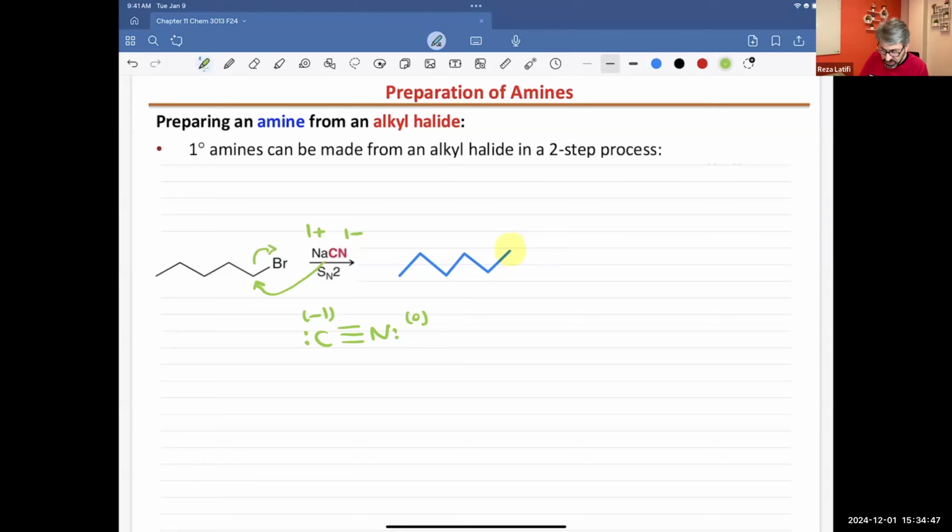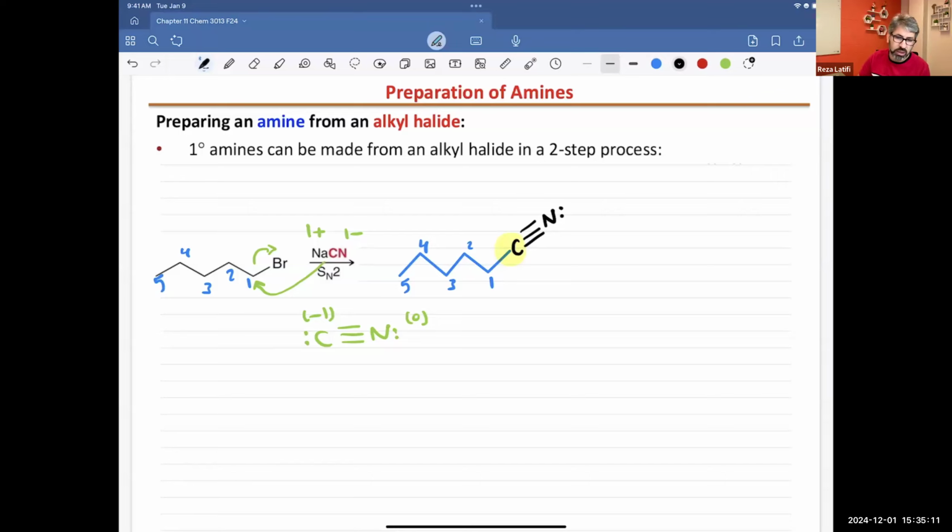So what do we get in this case? Remember, right now we have 5 carbons: 1, 2, 3, 4, 5. Now, the one that I highlighted is going to be a new carbon coming from cyanide, and it will be attached to nitrogen through a triple bond.